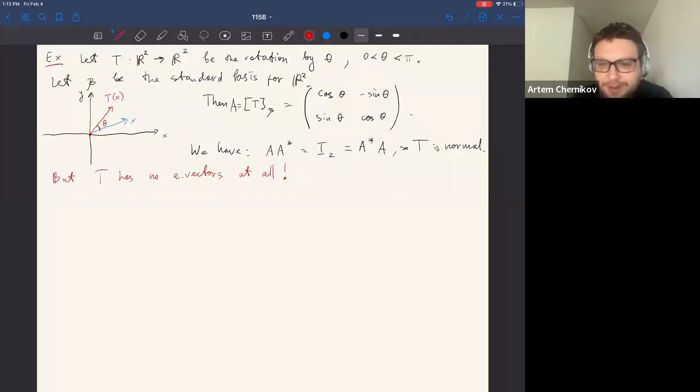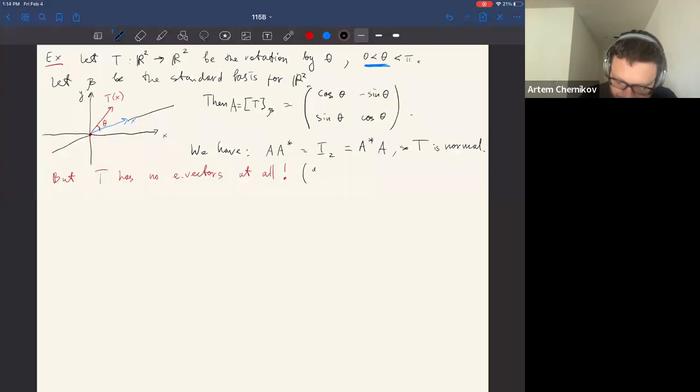So it can't be just a scaled version of the previous vector, because all scalings of a given vector lie on the line going through this vector. And if it's rotated by an angle theta which is not zero, so it's a proper rotation, then there's no eigenvector at all.